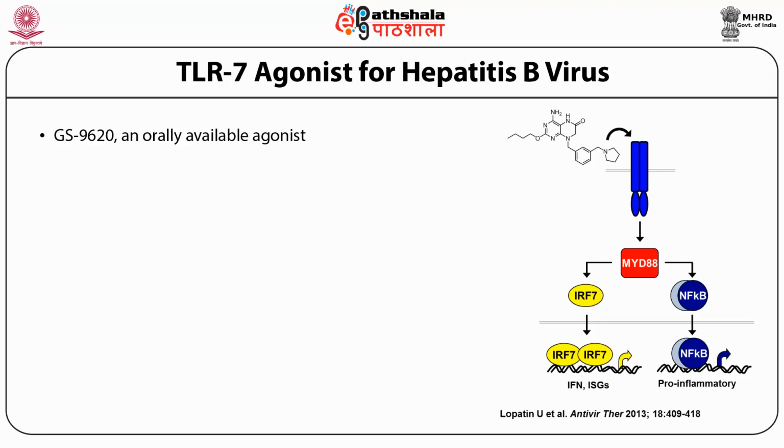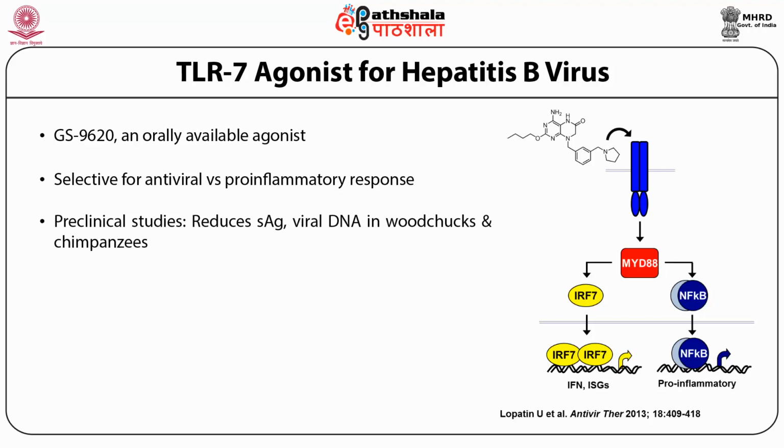But this TLR7 drug is selective for antiviral versus pro-inflammatory response. Preclinical studies show that it reduces the viral DNA in animals, especially in chimpanzees and woodchucks. Even the phase 1 trial in hepatitis B virus has been completed, and it shows it is safe in healthy volunteers too.